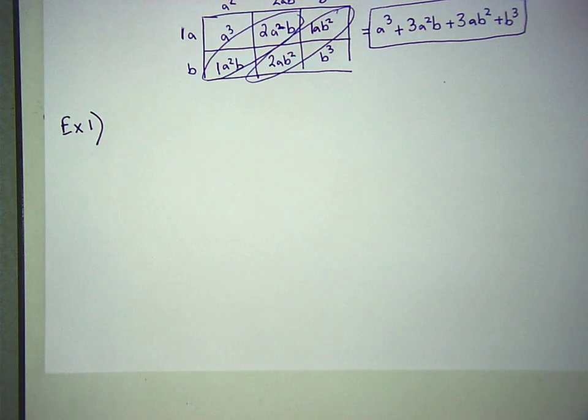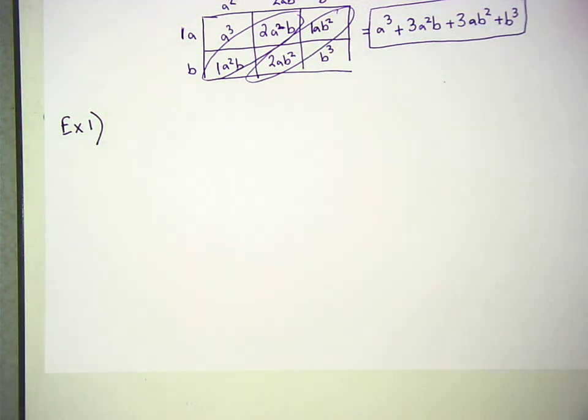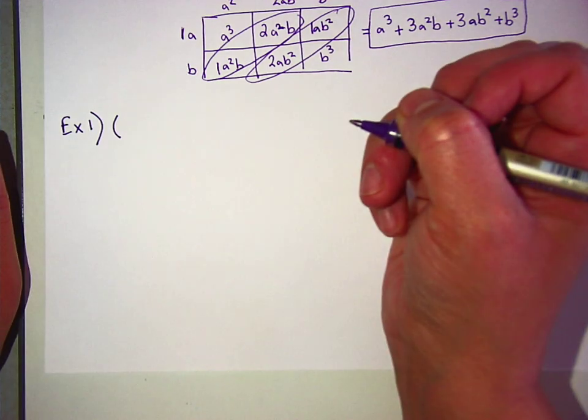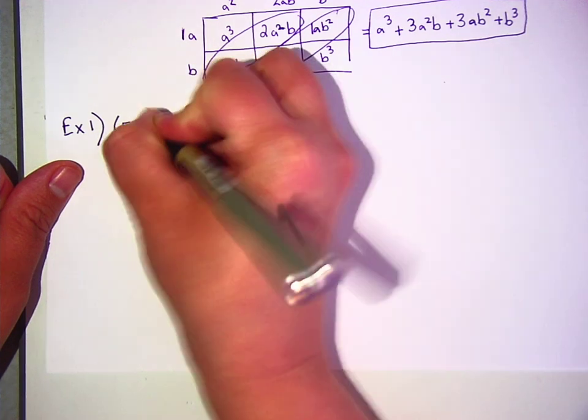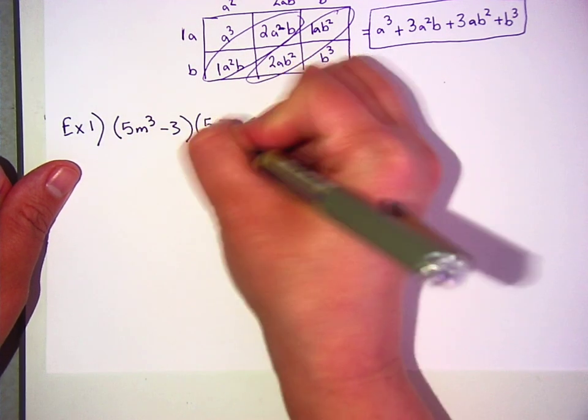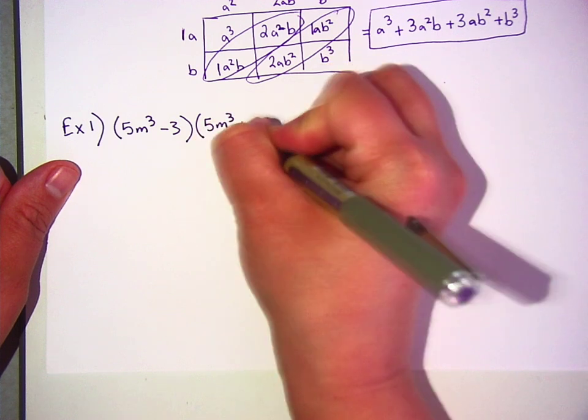All right. First question is 8B. All right, let's try 5m to the third minus 3 times 5m to the third plus 3.